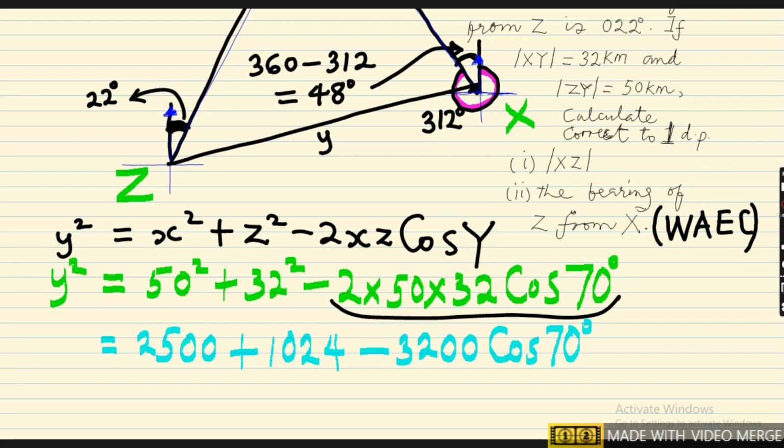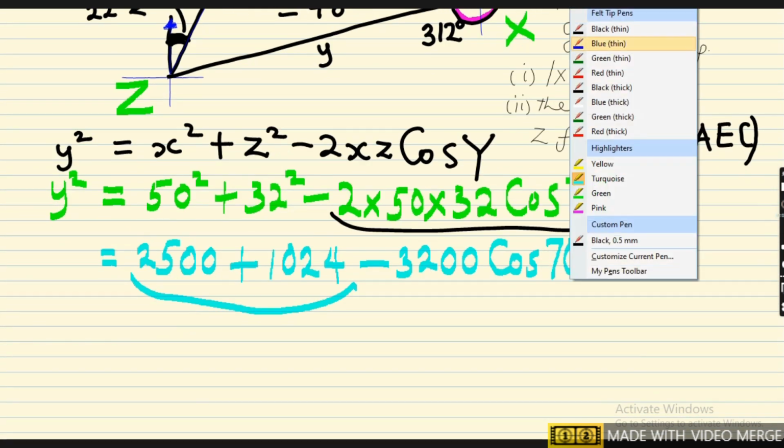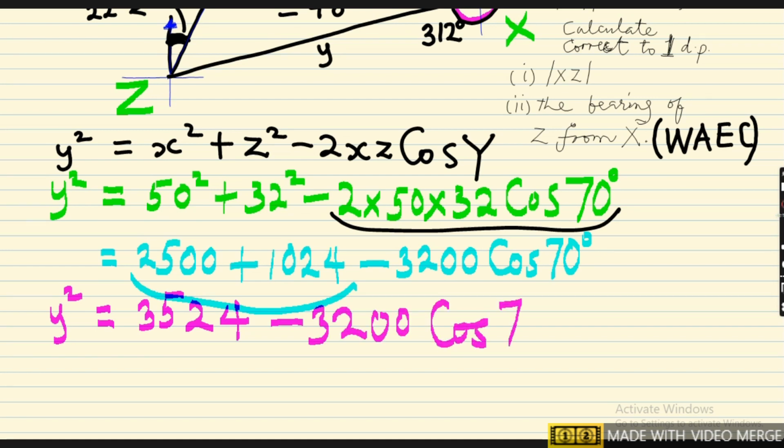Alright, having done that, make sure you add up these two places together. So we go y squared equals adding 2500 to 1024, we have 3524 minus 3200 cos 70 degrees.